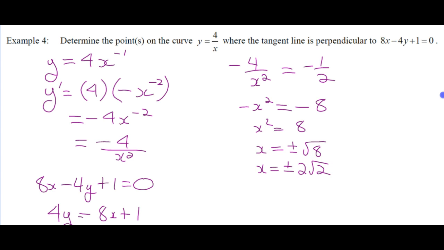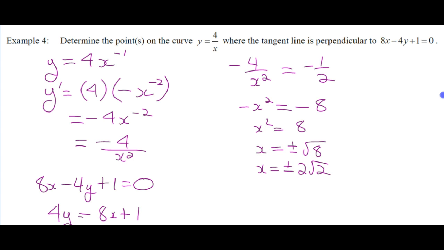So is that it? Am I done? No, I found the x. We have to determine the points. A point has an x and a y, and we've got the x, so we now need to get the y. We need to put the x into here to get the y.